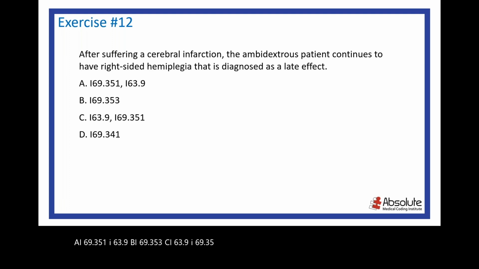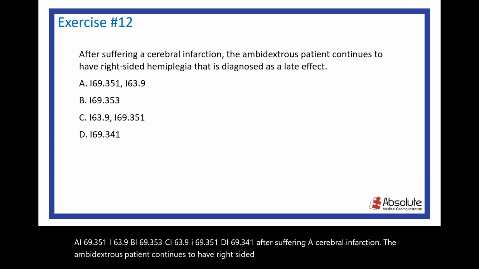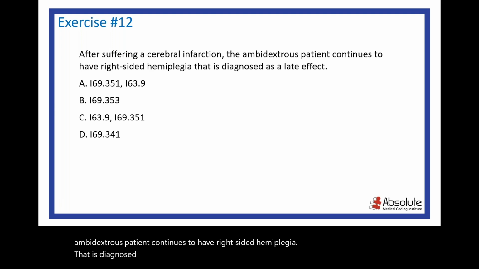D, I69.341. After suffering a cerebral infarction, the ambidextrous patient continues to have right-sided hemiplegia that is diagnosed as a late effect. Okay, coders, your time begins now.